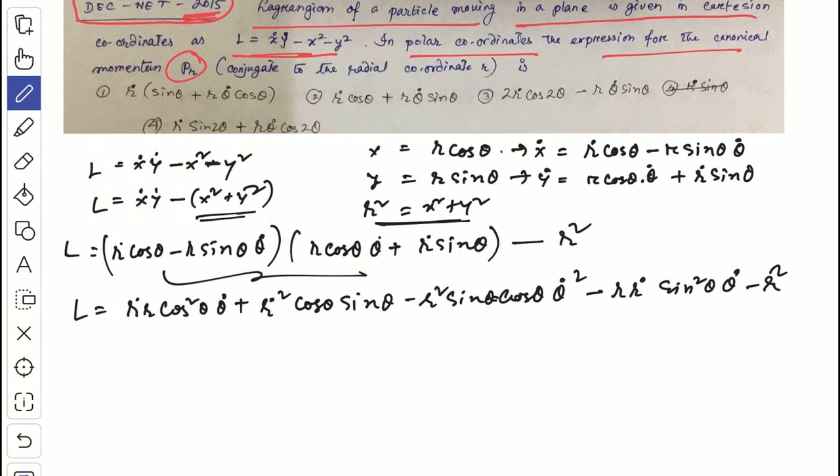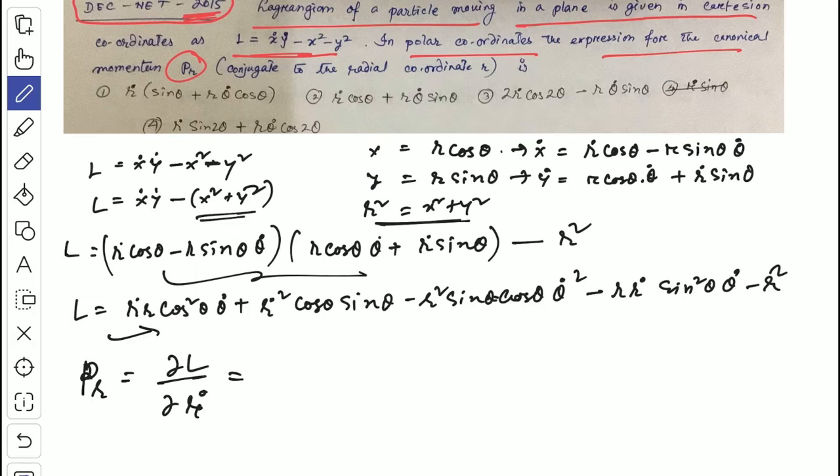Now I have already told you that momentum, in this case represented by p_r, is always equal to ∂L/∂ṙ. If you find p_x, then we used to write ∂L/∂ẋ, isn't it? So now we have r, so we have to write ∂L/∂ṙ for p_r.